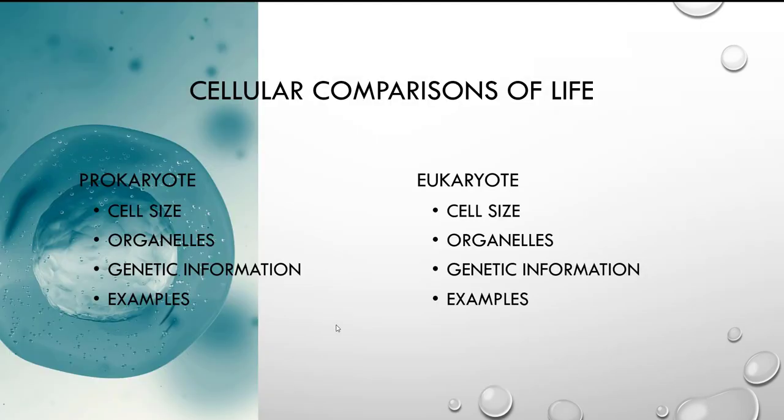All right, so now that we know about the complexity of life, we're going to get into looking at cells. And we'll get more in detail of this in further chapters, but this is just kind of an overview. So we can take every single cell in the entire world and divide it into two categories. Is it prokaryotic or eukaryotic?